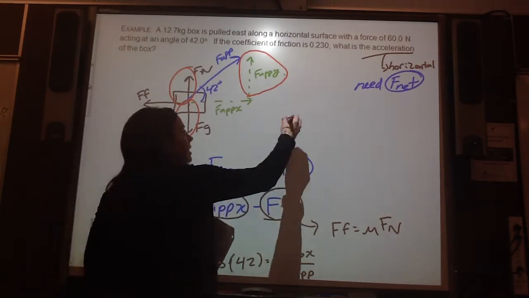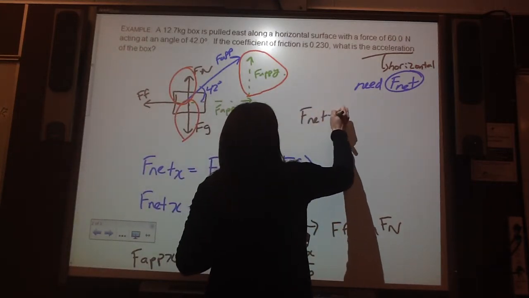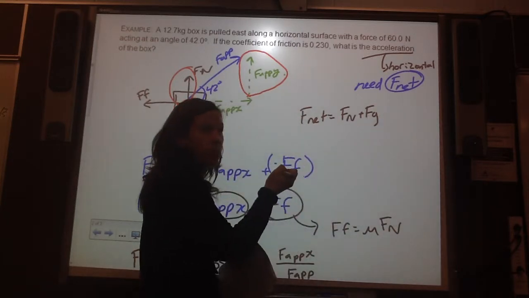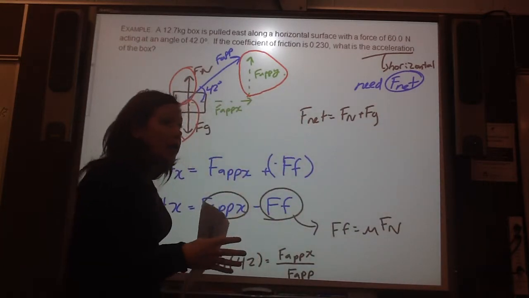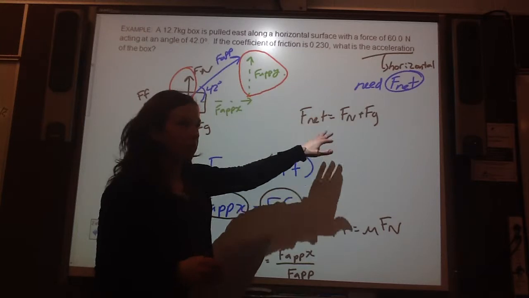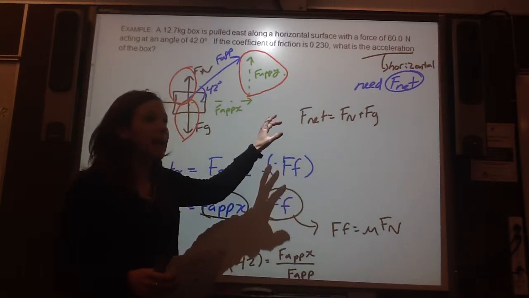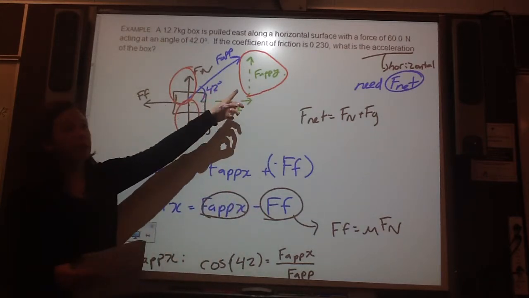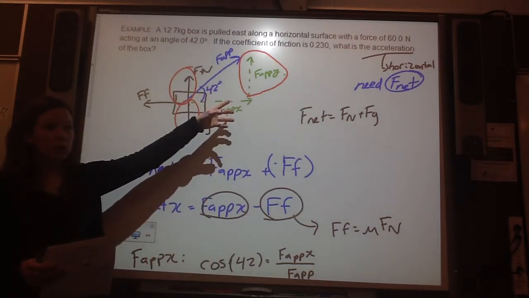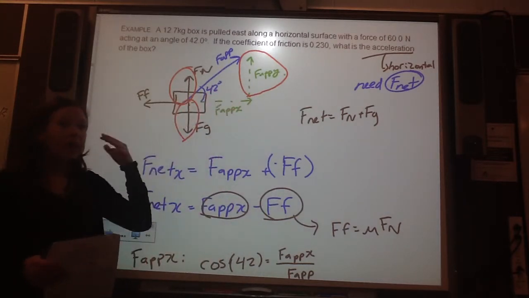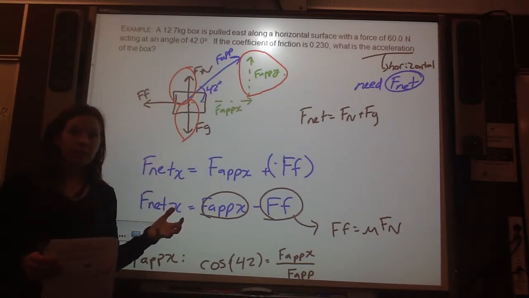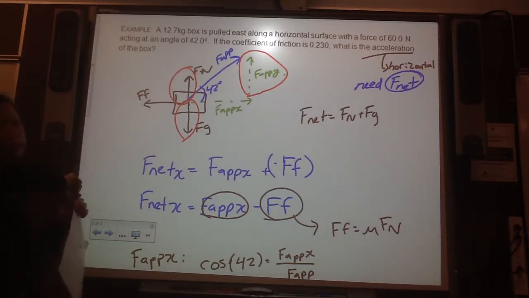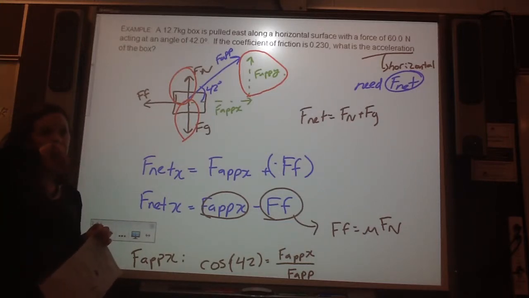Because normally we can say F net is equal to Fn plus Fg. Yeah. But we have another vertical component that we haven't done before. Because we're pulling something at an angle, we have another vertical component.